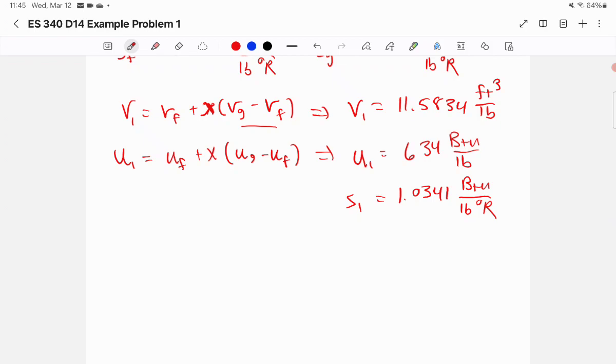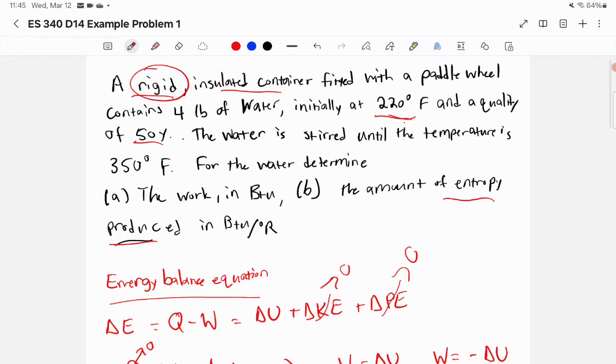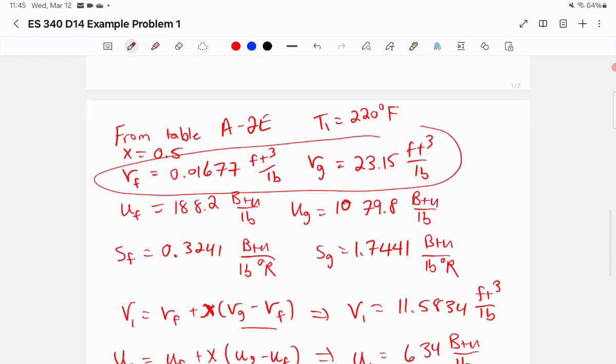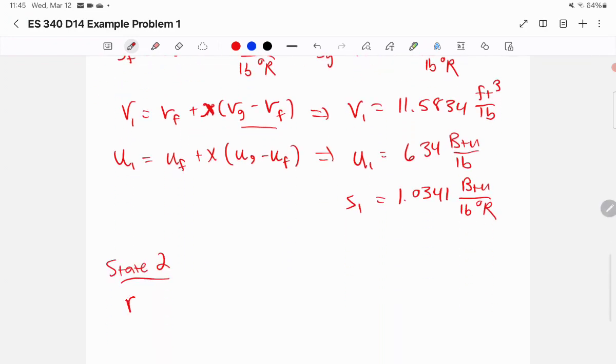Now at state 2, what do we know? Well, the first thing is this is a rigid container. So rigid means that the volume does not change. So that means V1, this is why I needed V to begin with, excuse me, V1 is equal to V2.